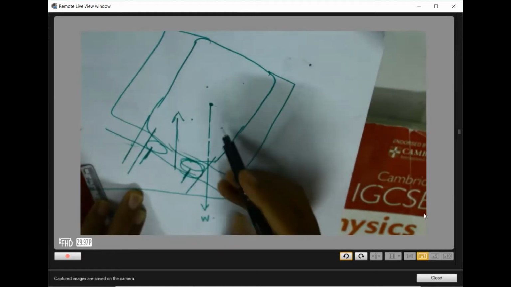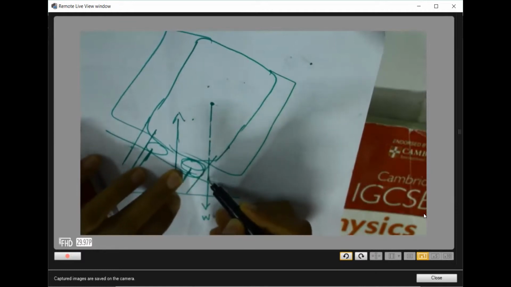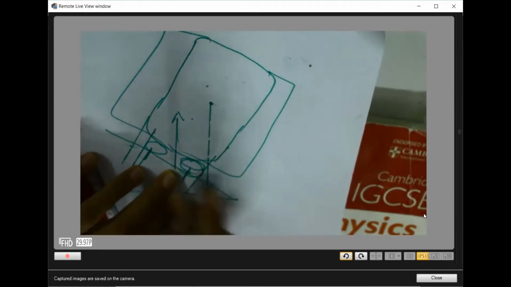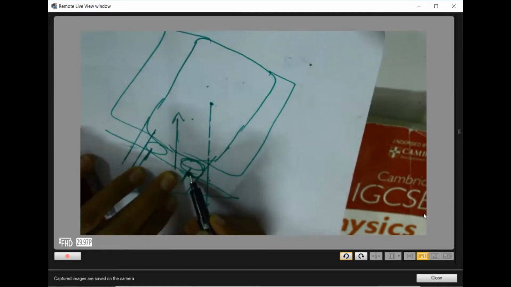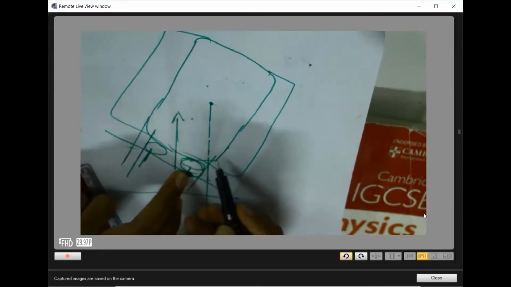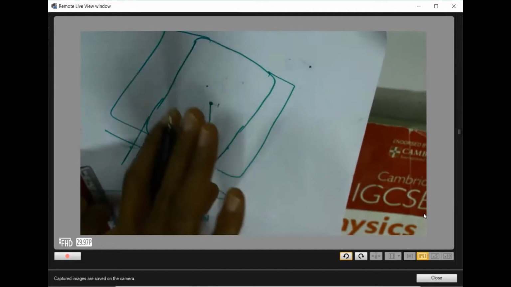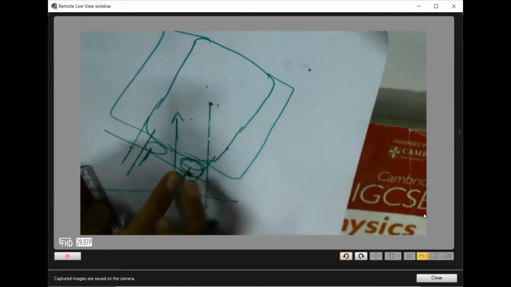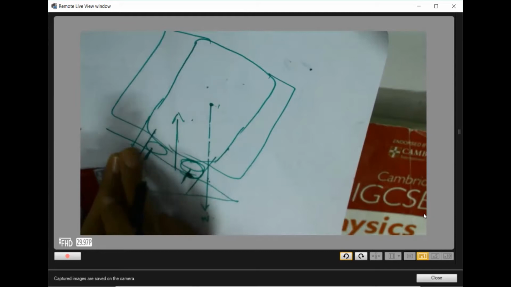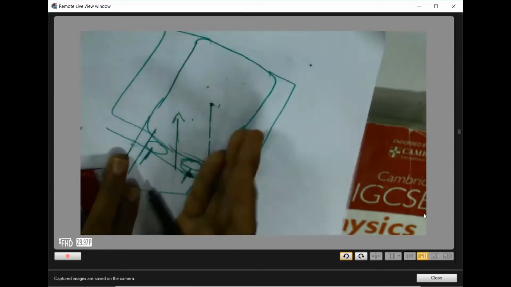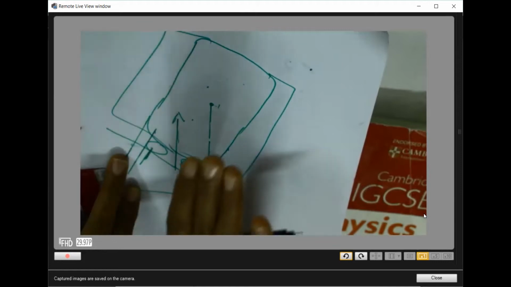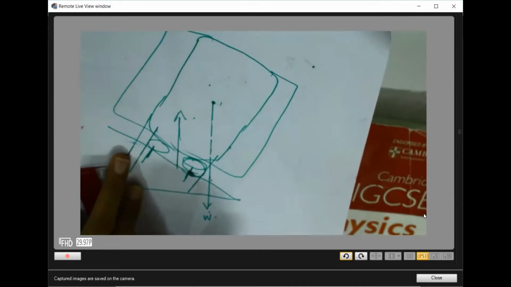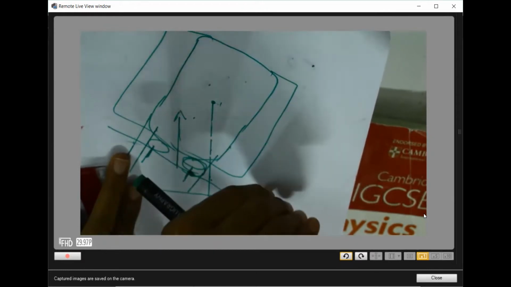As long as the line of action of weight is outside the base, this weight will have a turning effect. This contact is acting as a pivot. So about this fulcrum, this weight is going to have a turning effect and the bus will topple because it's not in equilibrium. There is no other force or turning effect of any force which is counteracting it or canceling it out. So this is unbalanced, and therefore this weight will exert a clockwise moment on the bus and will cause it to topple this side.